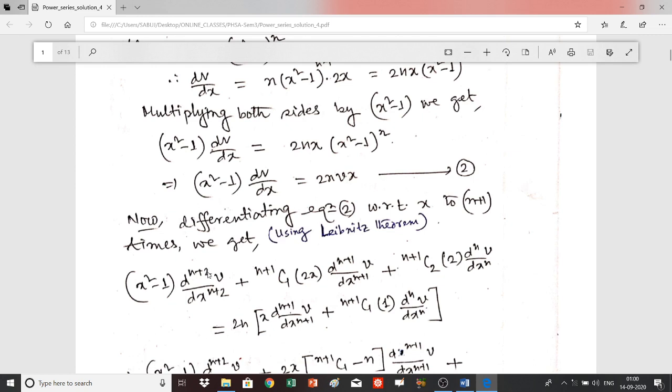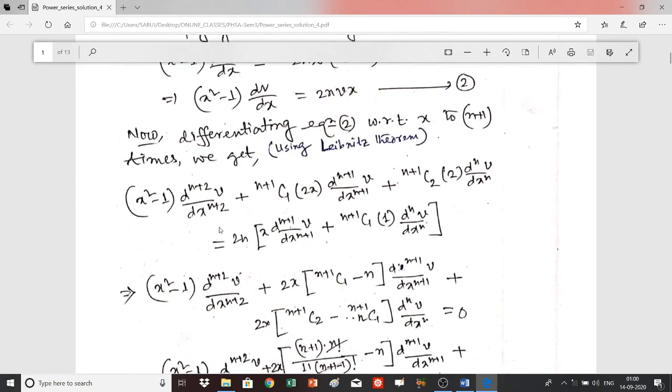So d^(n+2) by dx^(n+2) of v. You can see the Leibniz theorem in any book or on a website. The formula is that if you differentiate this type of function, the first term comes here, with the differentiation of this term n plus 1 times.